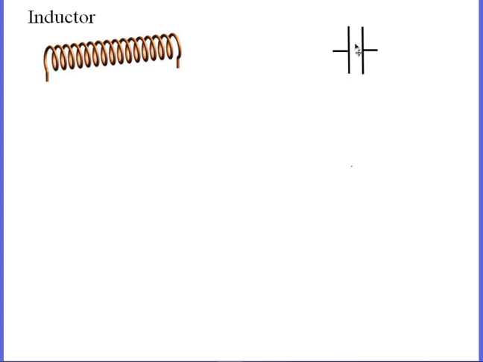The capacitor has this property called capacitance, which was solely dependent on the geometry, and the inductor will have a property called inductance, which is solely dependent upon the geometry. But that will not be immediately clear. The definition of capacitance was the charge per voltage, the voltage between the plates, and you divide that into the charge. That looks like it's not solely dependent upon geometry.